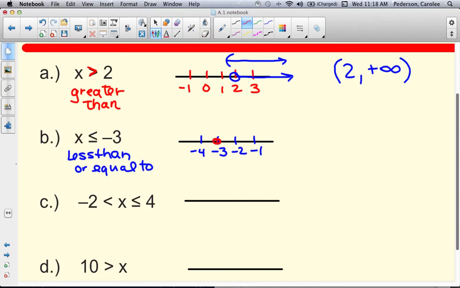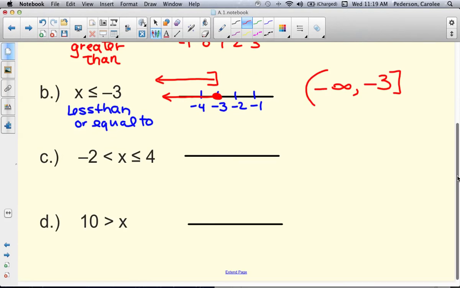So we're going to do a closed circle. And it says x is less than or equal to. So numbers are getting smaller as we move to the left. If we wanted it as a bracket notation, here's our bracket, going to the left. To create the interval notation, we're going from -infinity, and then we're stopping at -3. Bracket, parentheses.